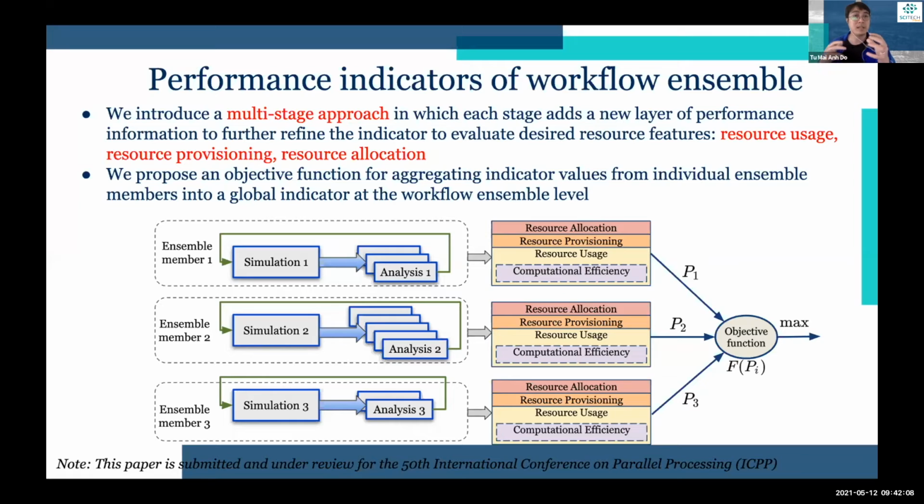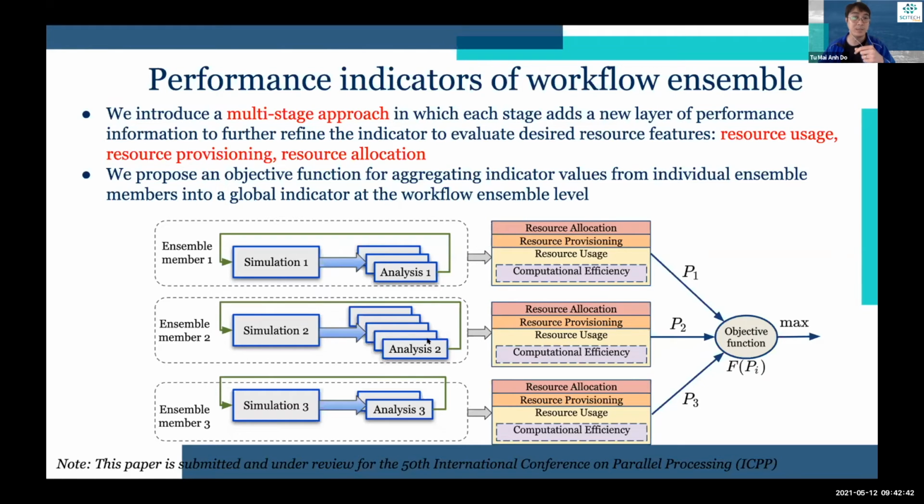By multi-stage, we mean that at each stage, we add one more layer of performance information to the performance indicators so that we can evaluate multiple resource design features, for example the resource usage, the resource provisioning, and the resource allocation of the workflow ensemble. And at the end, we propose an objective function to aggregate these indicators into a global indicator.